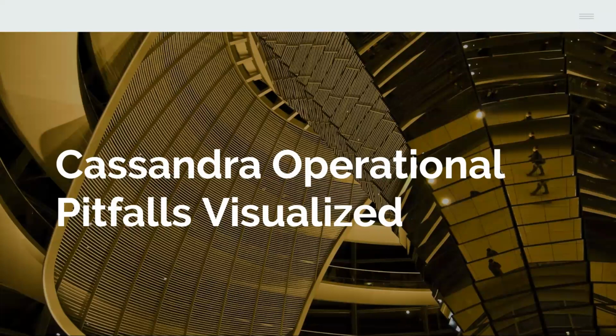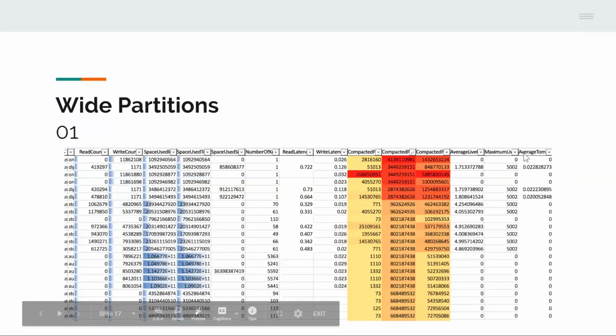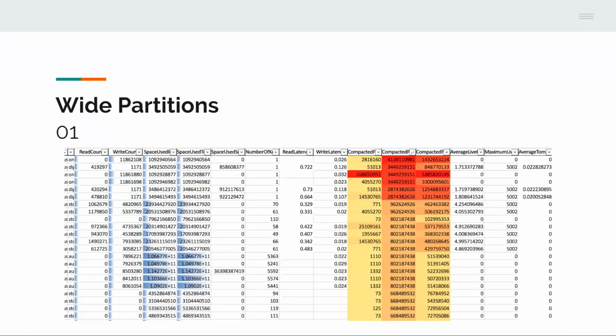We've written a tool called Cassandra Vision, which we will open source soon, and this visualization is actually from that tool. What we're seeing here is one of the major problems, one of the three stooges, I would like to say, in Cassandra if you don't design properly: wide partitions. A wide partition is basically a partition with either billions of rows or billions of columns.